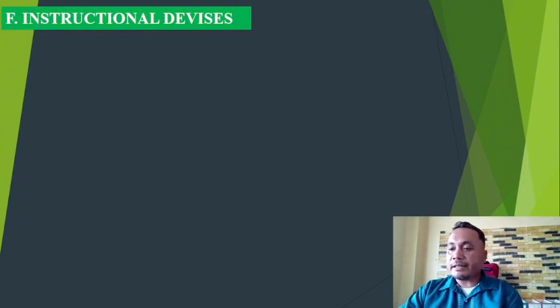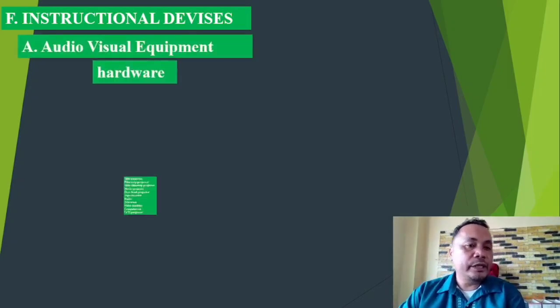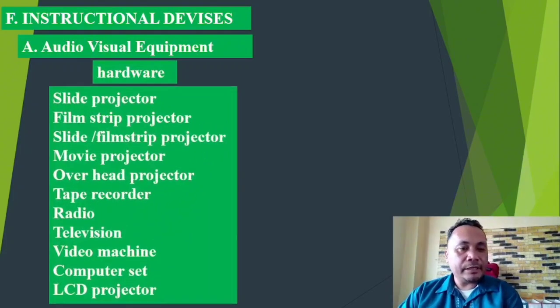Another instructional device. The latest types of instructional materials are creations of modern technology, which are utilized as audio-visual aids in teaching. Audio-visual aids consist of the machine or hardware and their corresponding materials or software as follows. Audio-visual equipment, hardware. What are those?